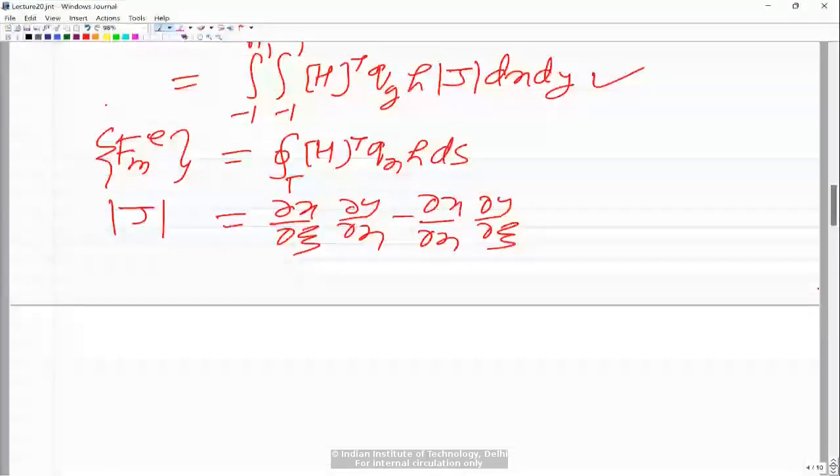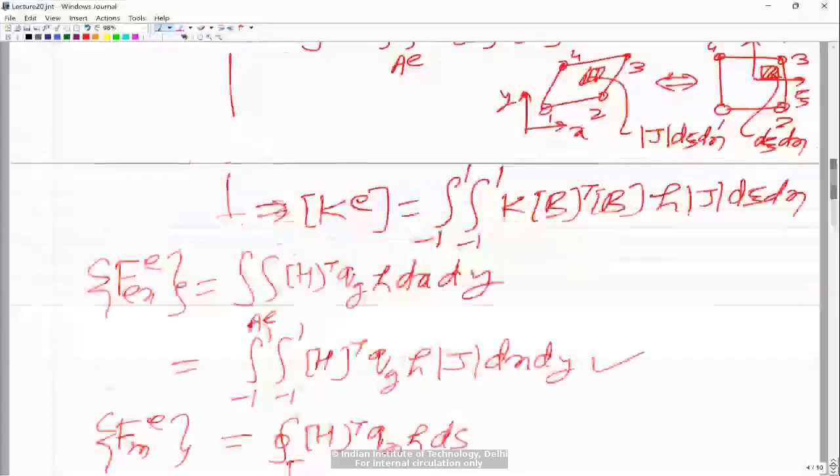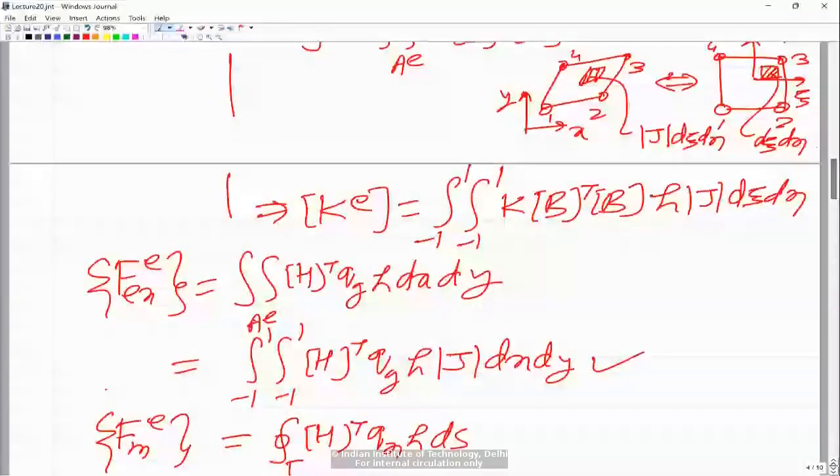Now before I move on further, as far as the integration over natural coordinate space xi and eta is concerned, rather than explicitly integrating, which means we first get the derivatives of the shape function in terms of xi and eta, then multiply B transpose B, and then integrate each term explicitly, a standard practice is that we evaluate these integrals numerically.